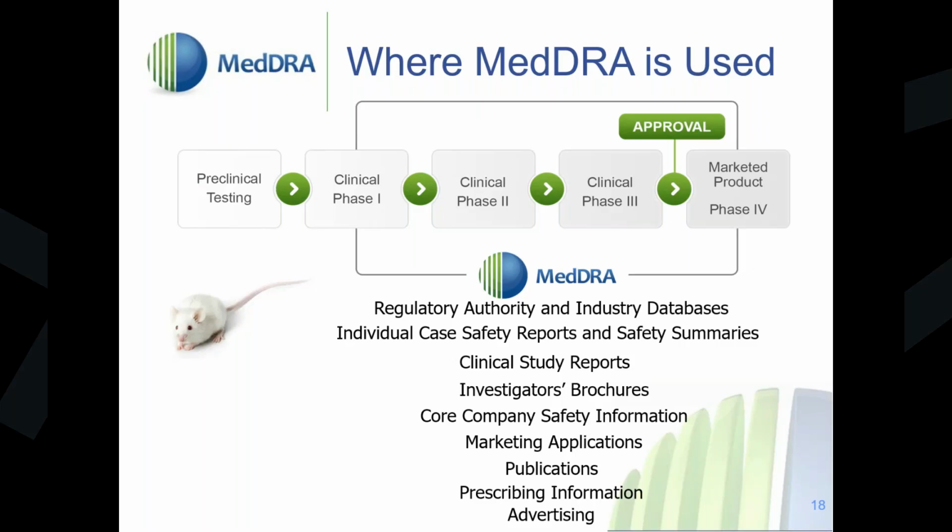Examples of documents where you'll see MedDRA cited are the ICSRs, the clinical study reports, the brochures, in compiling the company's core safety information, in publications, in prescribing information, and for countries that allow direct-to-consumer advertising, those commercials for drugs that list possible side effects are using MedDRA terminology.